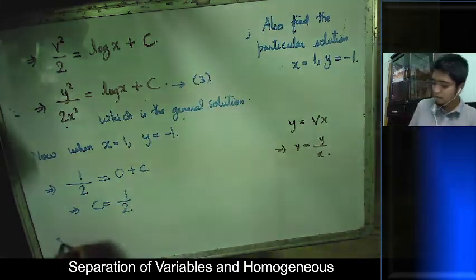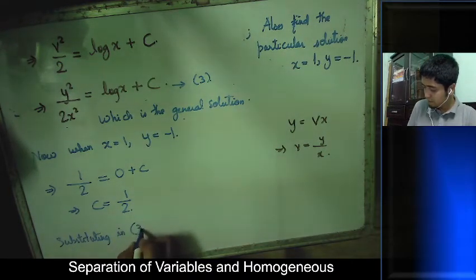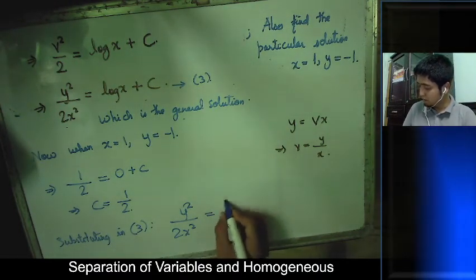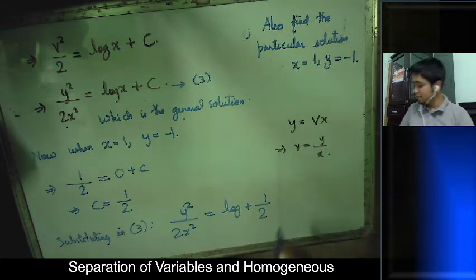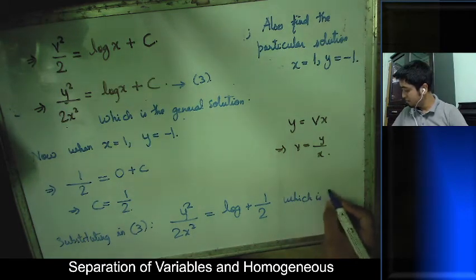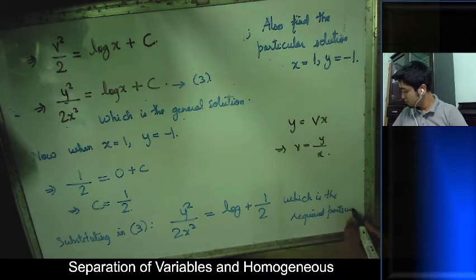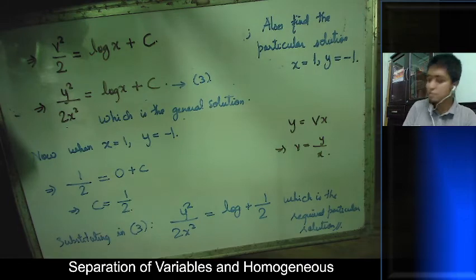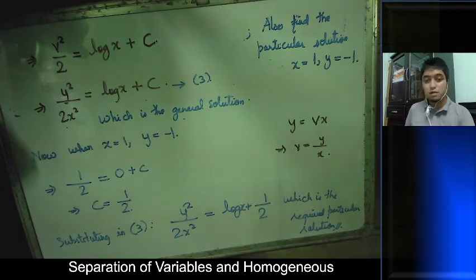Substituting in 3, we will be getting y squared by 2x squared equal log x plus 1 by 2. This is in fact the required particular solution. You notice that it is called a particular solution because the value of c now has a particular value, that is 1 by 2.